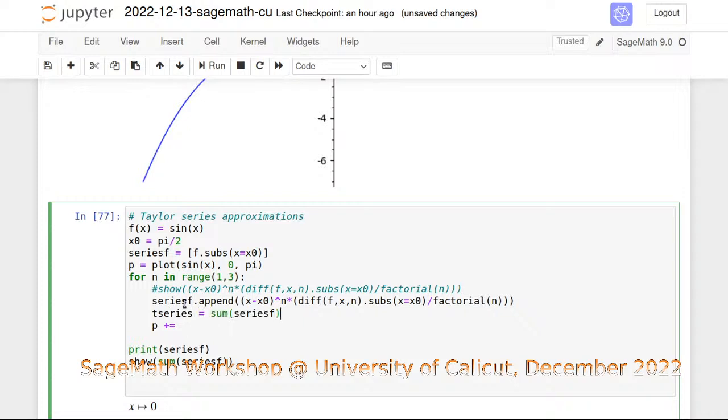Taylor series is this. So we are supposed to plot this Taylor series in this range. And now see the plot.